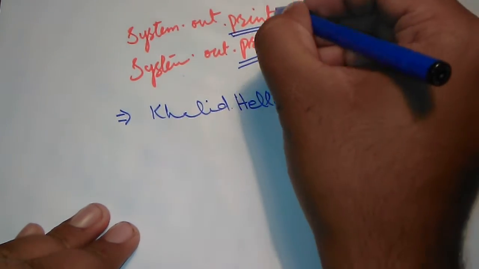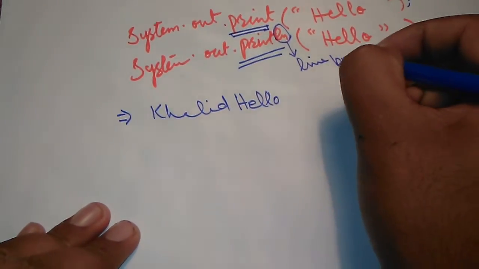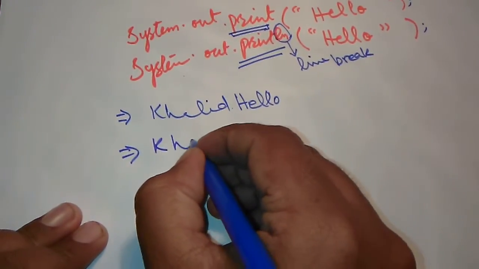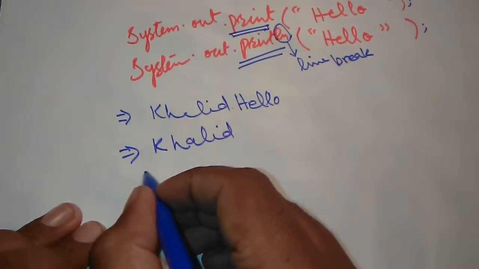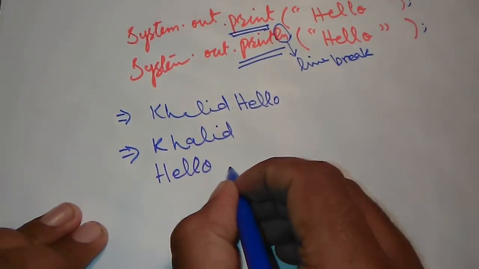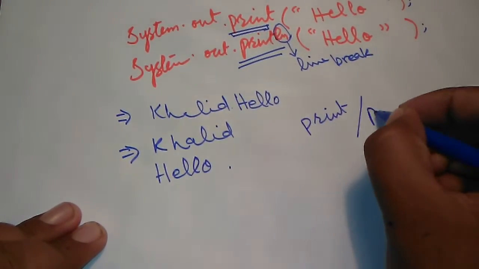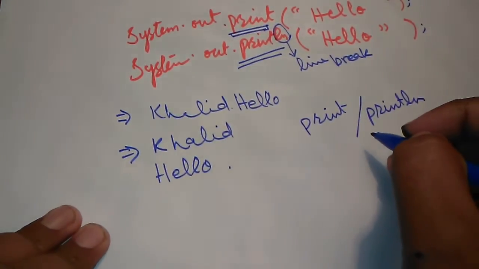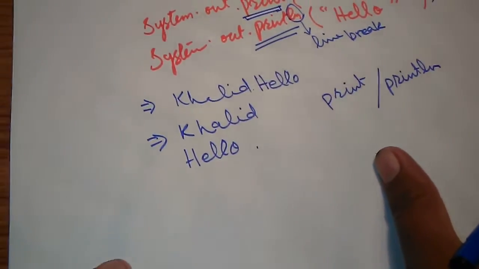The ln gives us a line break. For example, if the output was Khalid, then this statement comes, it will cut a line and go to hello. You can see here the difference between print and println in programming.